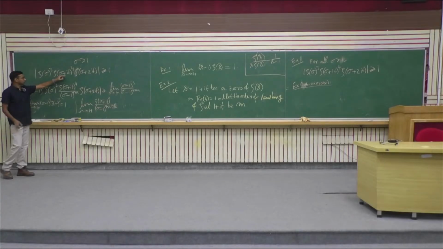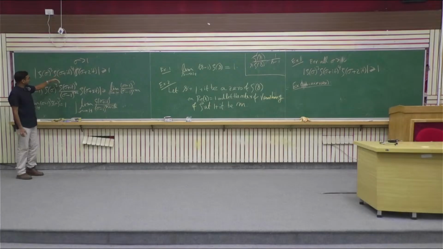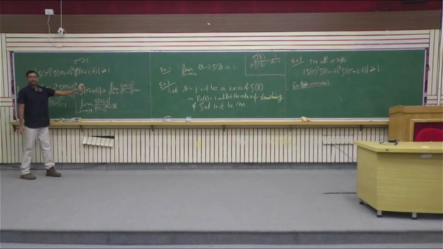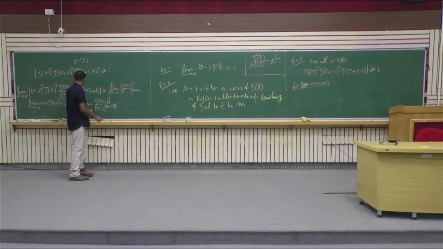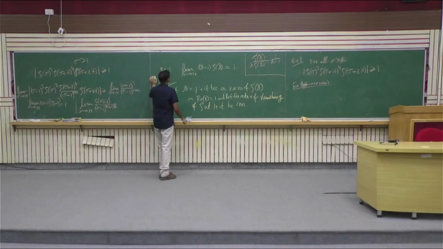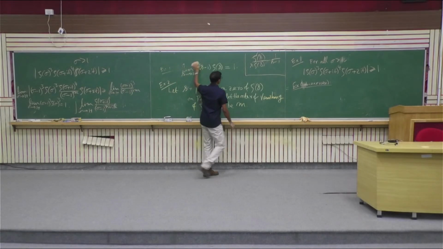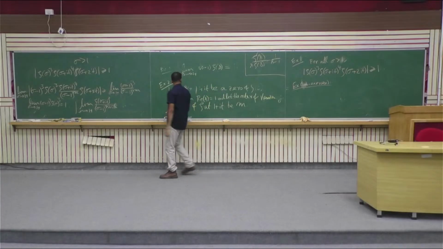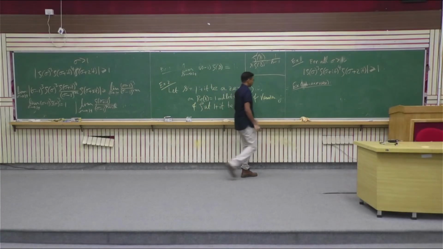We'll show how. So that means as sigma goes to 1 plus, the left hand side of this remains bounded. How about the right hand side? What happens to the right hand side as sigma goes to 1 from the right hand side?